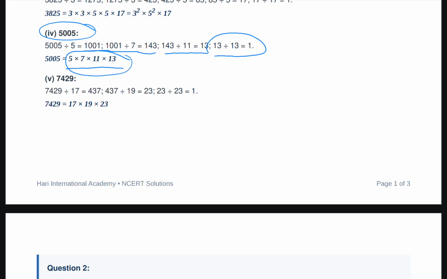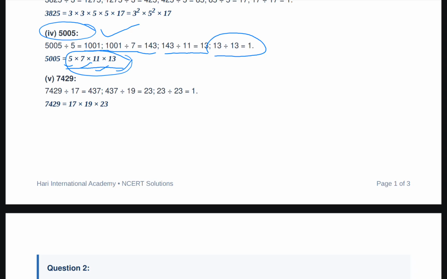For doing prime factorization questions, a person who has a strong command of tables, who has learned tables perfectly, can easily do these kinds of questions, because in this question 5005 you can see clearly that we are using 4 tables: 5, 7, 11 and 13.